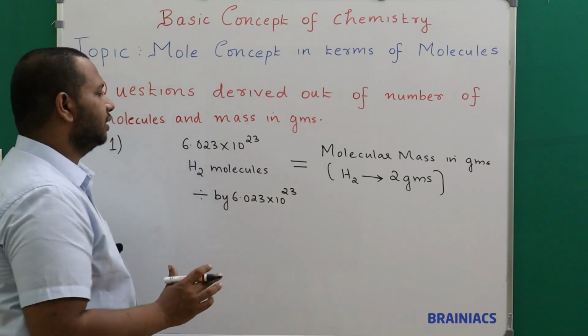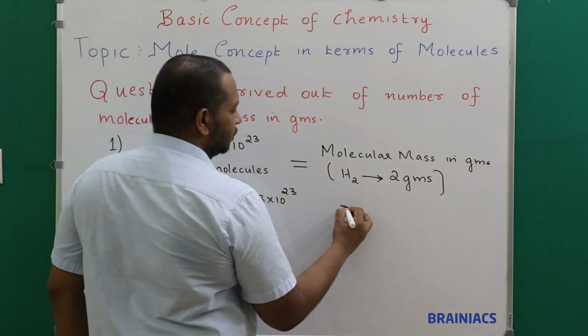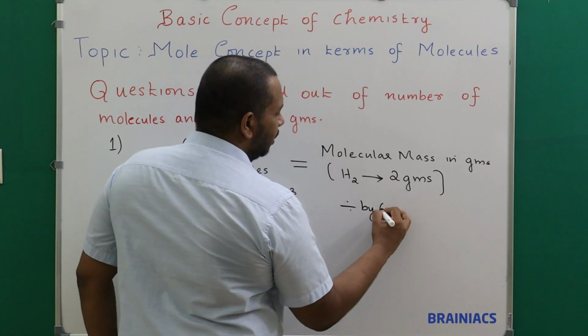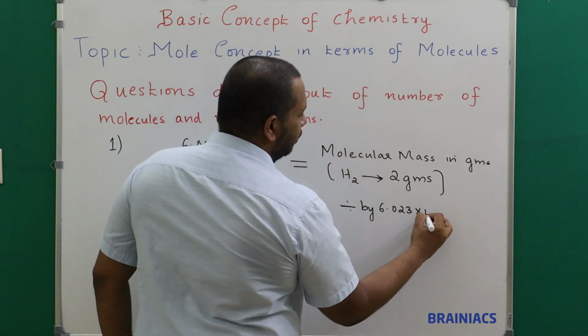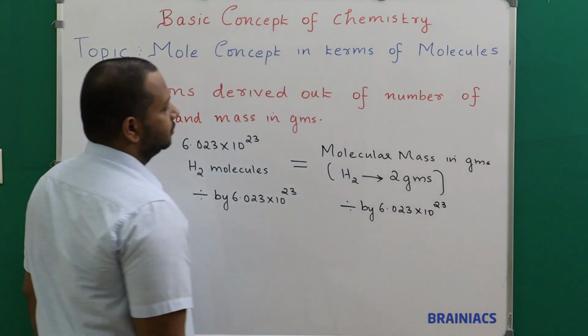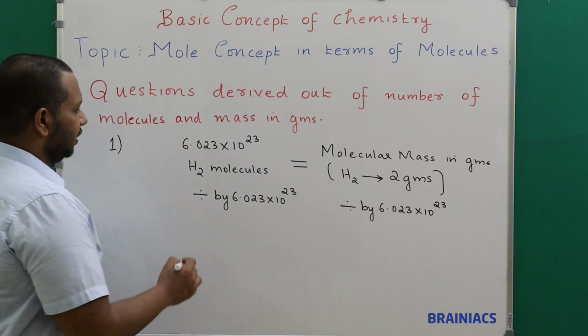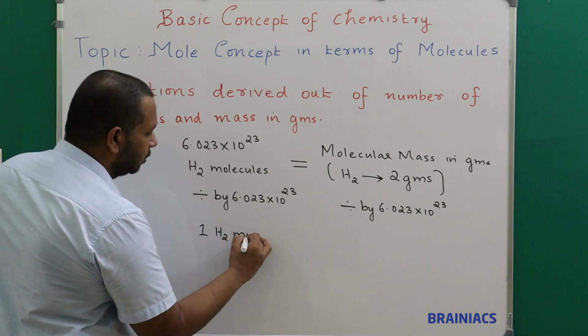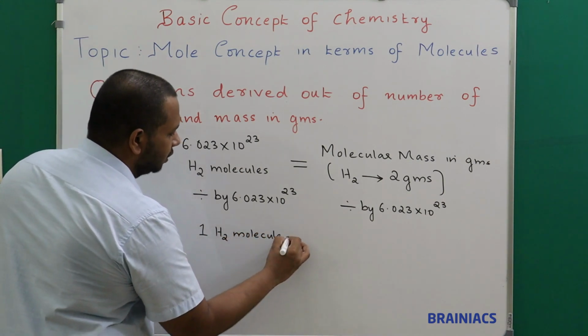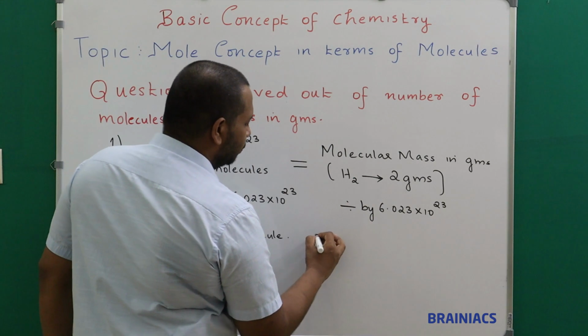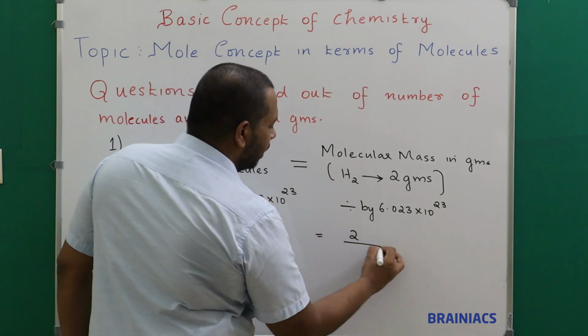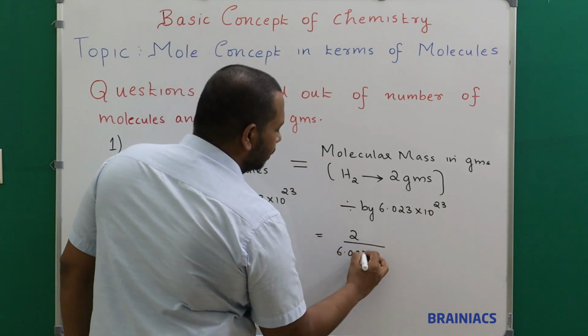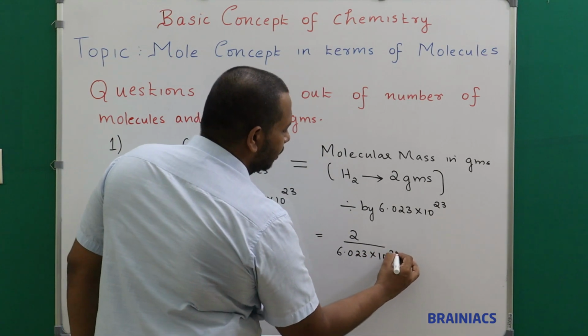So when you are dividing on the LHS, divide the same thing on the RHS also, by 6.023 into 10 power 23. When you are dividing here, this will become 1 hydrogen molecule. And when you are dividing here, this will become 2 by 6.023 into 10 power 23.